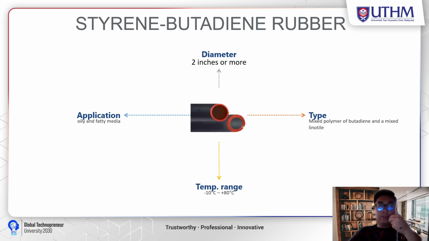The diameter of our hose, to handle the 300 liters per minute of oil at a pressure of 2 bar, needs to be 2 inches or more, because the motor pump that we have chosen will be supplying the oil at 2 bar pressure.